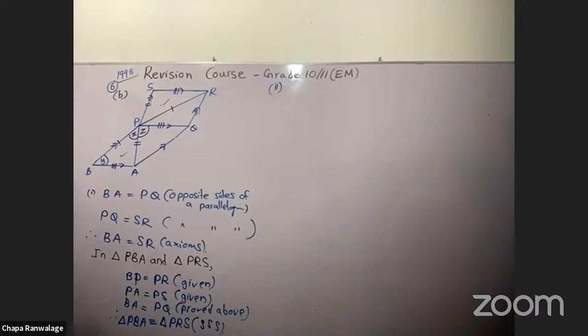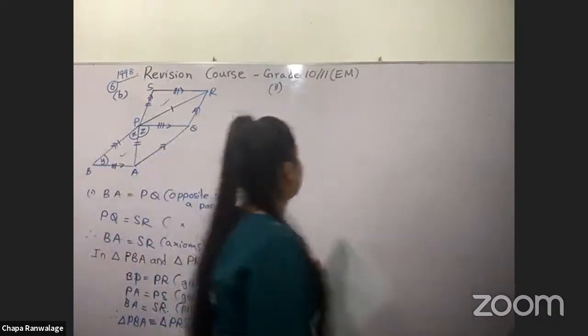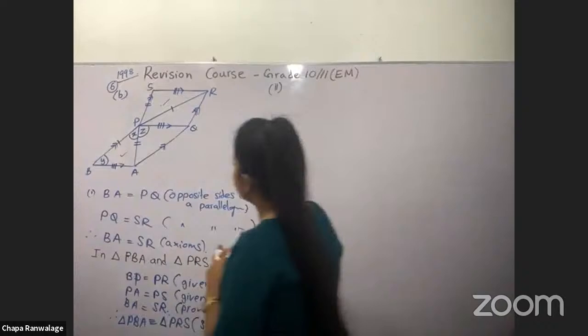Sorry, here BA equals SR. BA equals SR, PA equals PS. Yes. Now, is it okay now? This is not the one we took from this. Now, you have to prove this one is a straight line.